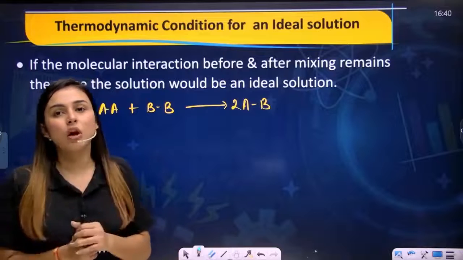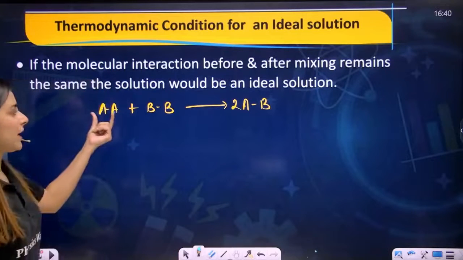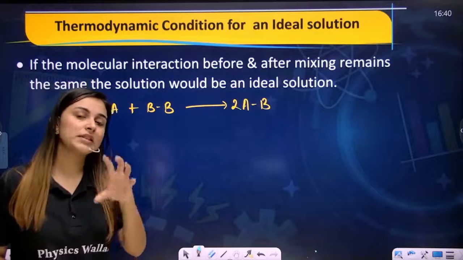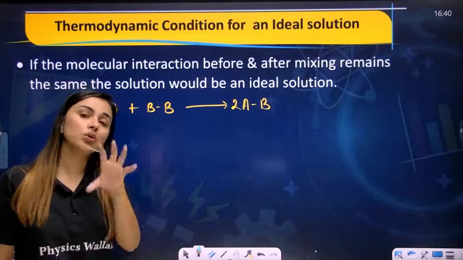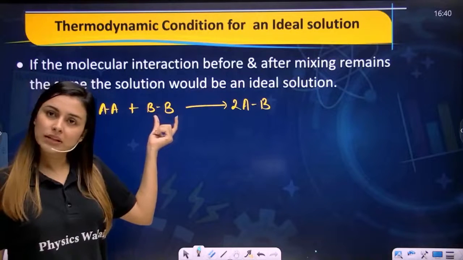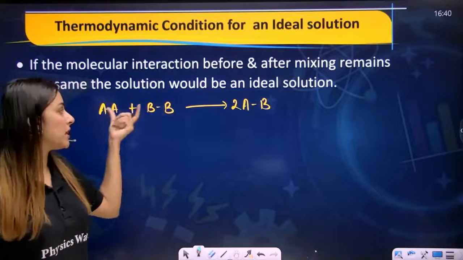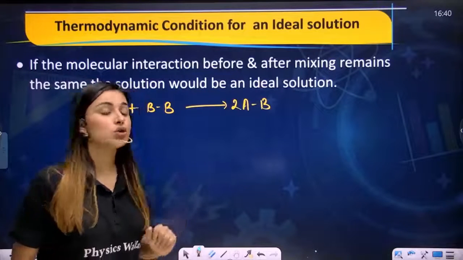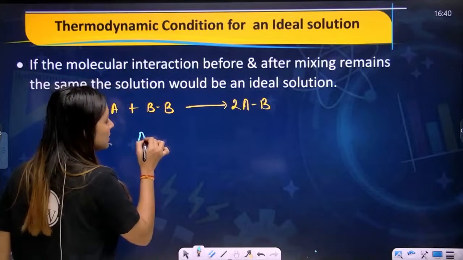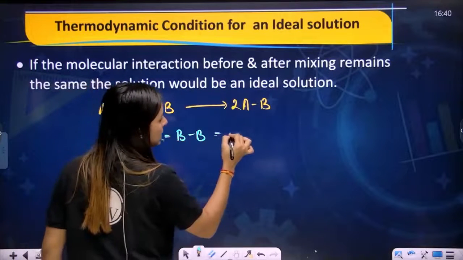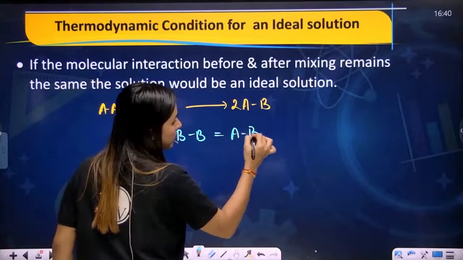Now, what happens? You have AA and BB interactions. If, my dear students, AA interactions are equal to BB interactions, then they both will mix, and the AB interactions will also be similar. So for an ideal solution, AA interactions should be equal to BB interactions, and they should be equal to AB interactions.